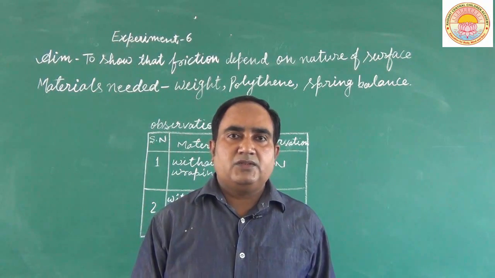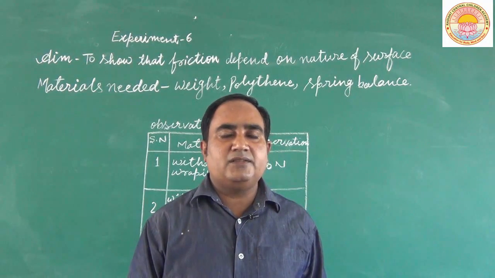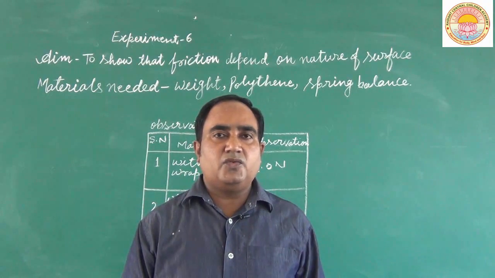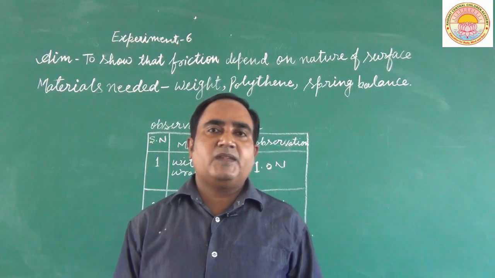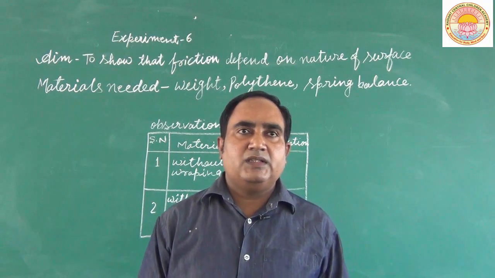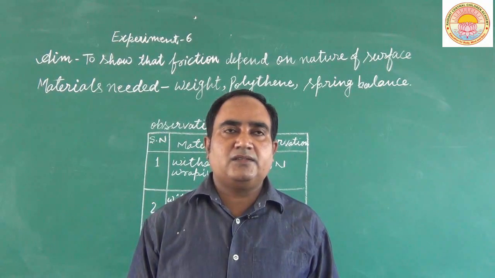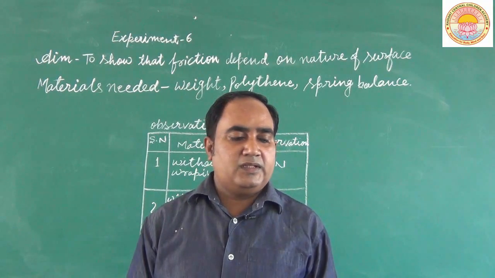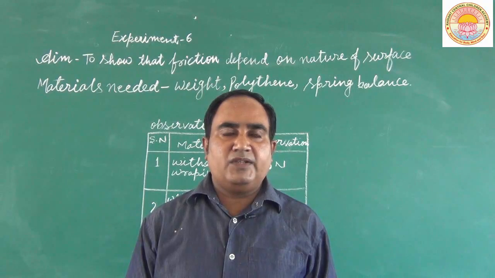In the first case, when we put the lock on the table, the lock has some irregularities, due to which it required a larger force to pull it. But in the second case, when we wrap the polythene, the frictional force is reduced, because the table is smooth and the surface of the lock, when we wrap the polythene, also becomes smooth.